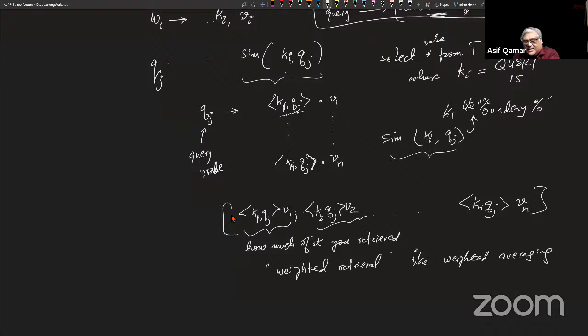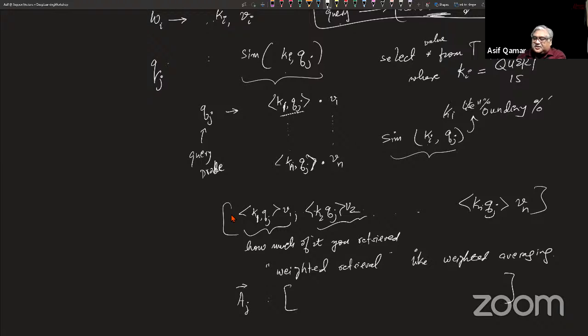So how much of each amount you get, there is a word for it. You are saying that the attention that the query j gives, the attention vector, is this.